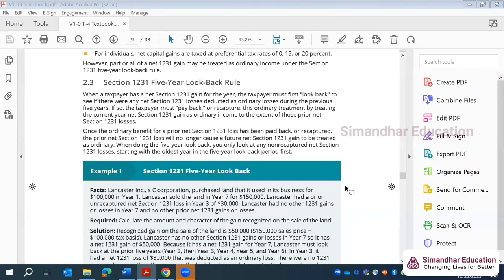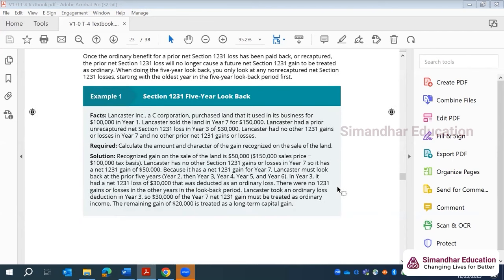I will recharacterize that gain to the extent of $10,000 as my ordinary gain, and then the remaining $10,000, I'm going to treat as capital gain. We'll understand that better with another example that is given here.